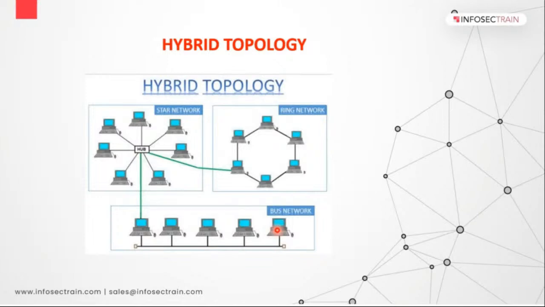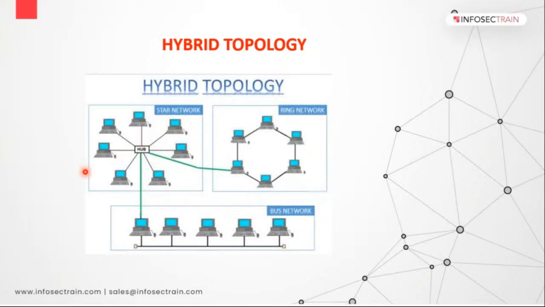If our need is something else, and implementing only one topology is not giving us the required desirable output, then we use hybrid topology, so that in different parts of the network, different topologies are implemented, right? Now if I talk about the advantages and disadvantages of hybrid topology, those will be the same.